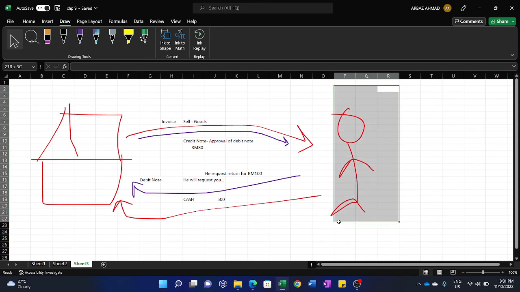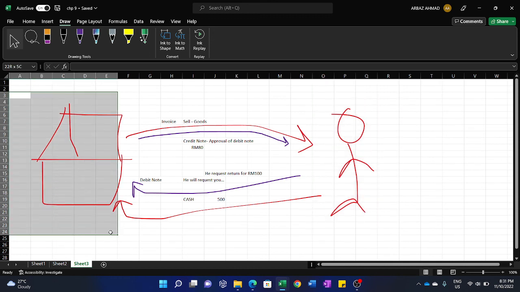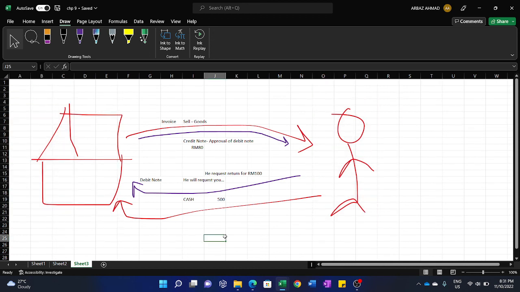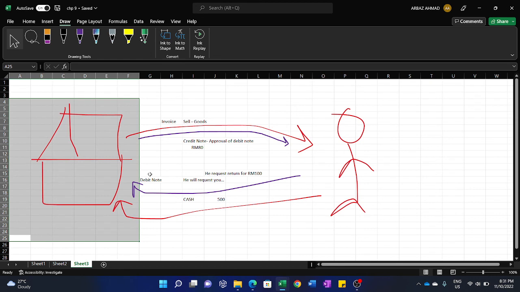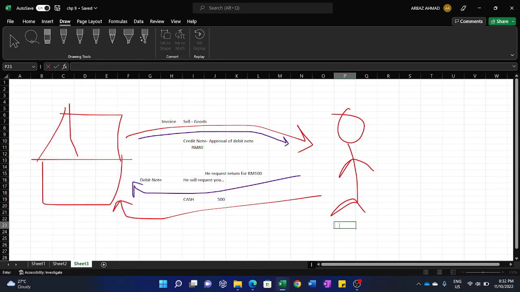One person will receive the credit note and the other person will issue it. Similarly with the debit note. One business can issue the debit note and the other business will receive the credit note. So you have to see, are you the customer or are you the supplier.